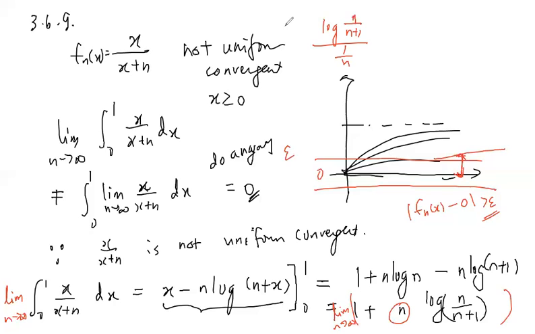If n goes to infinity, this will go to 0. And in this part here, n over n plus 1 will go to 1, so log of 1 will go to 0. So you have a case of 0 over 0, which means you can apply L'Hopital's rule.